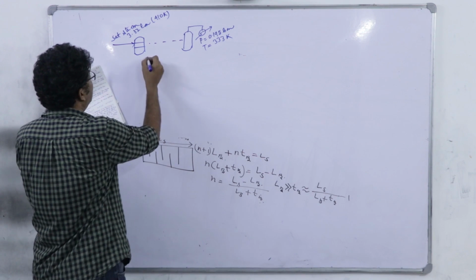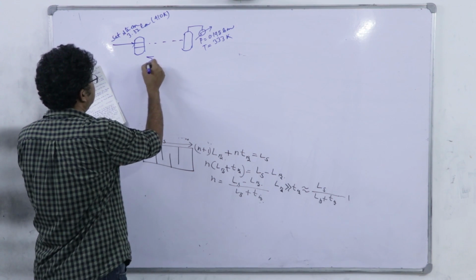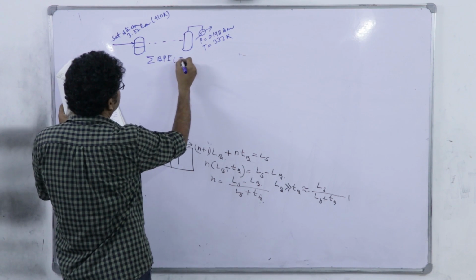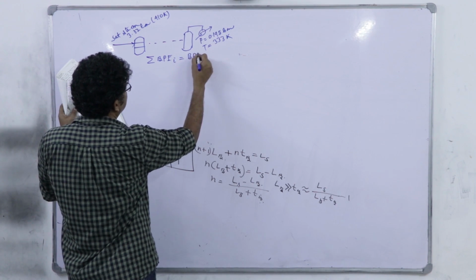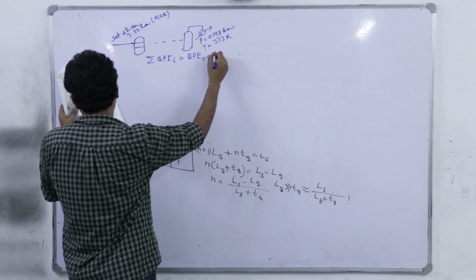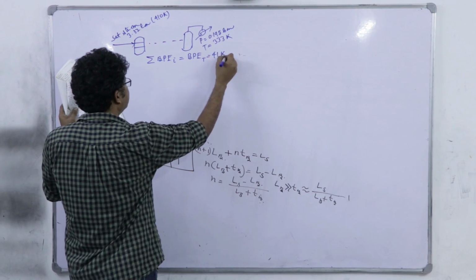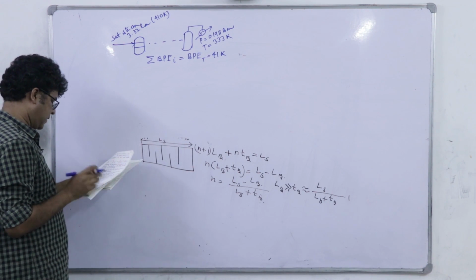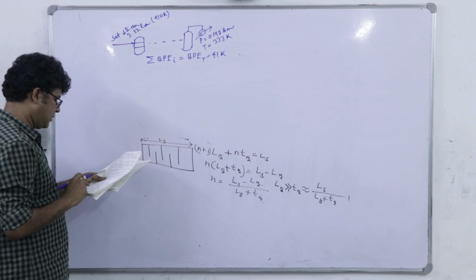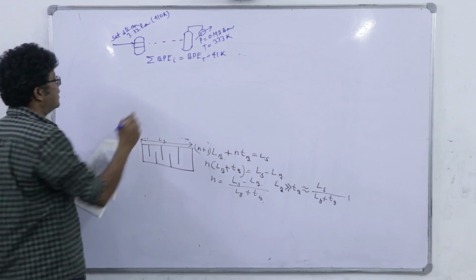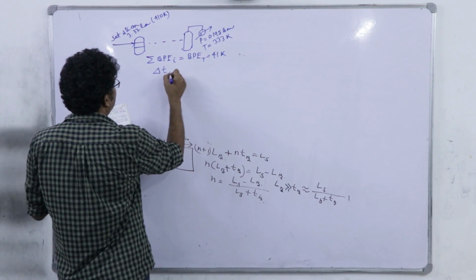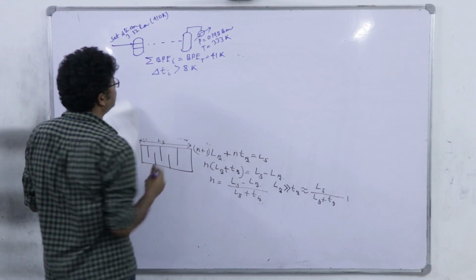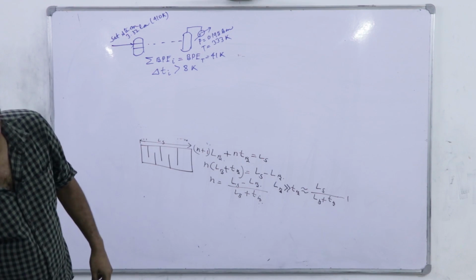If the sum of boiling point elevations, sum of BPEi, which is BPE total, is 41 Kelvin. Determine the number of effects to be used. Available temperature driving force in any effect, delta Ti, should be at least 8 Kelvin. So it is pretty simple.